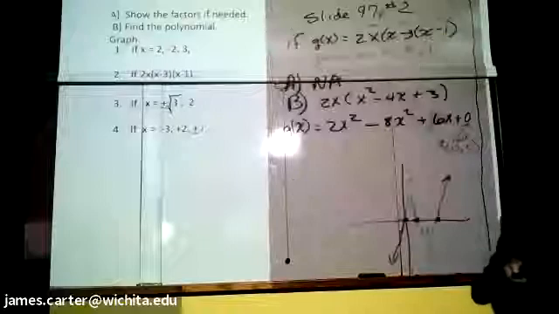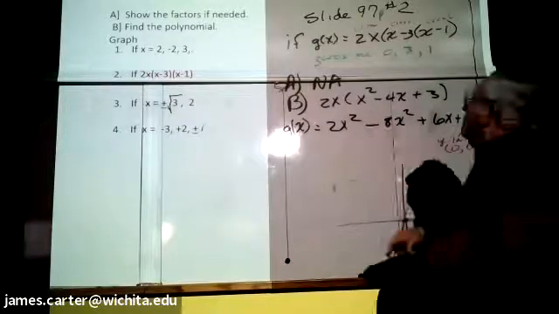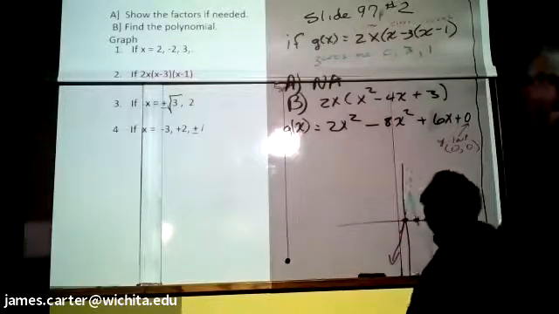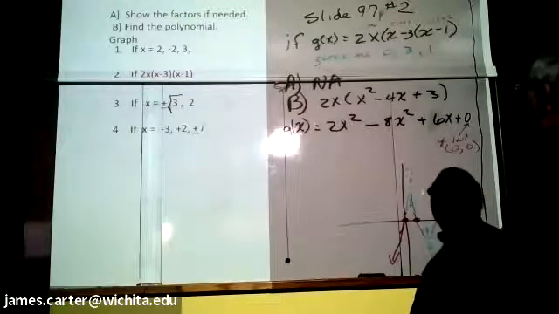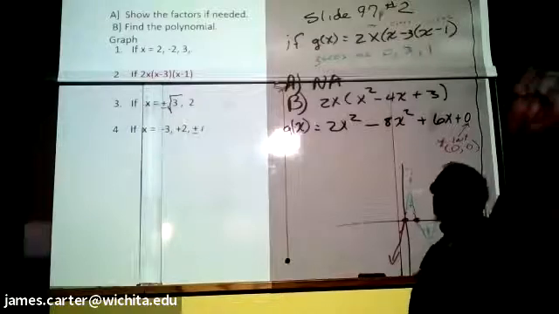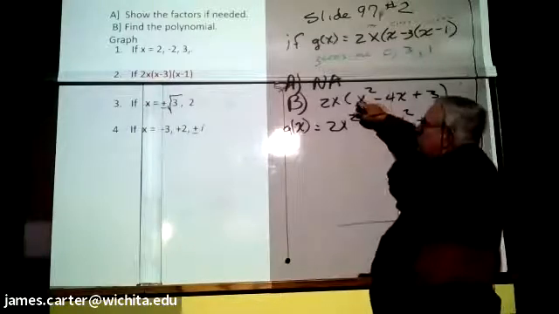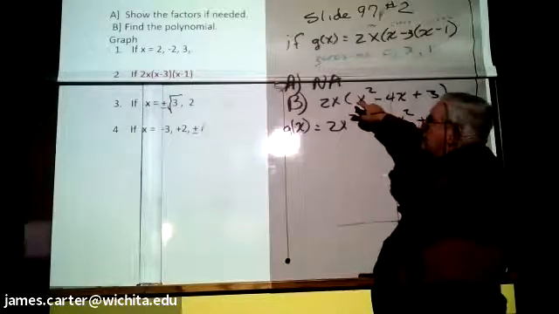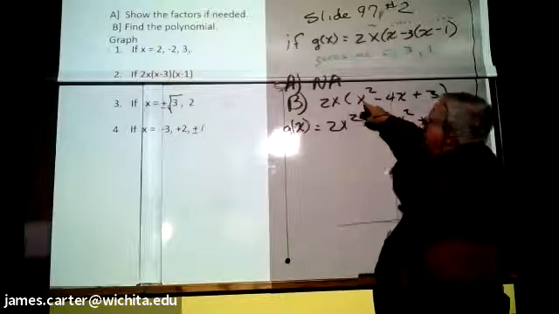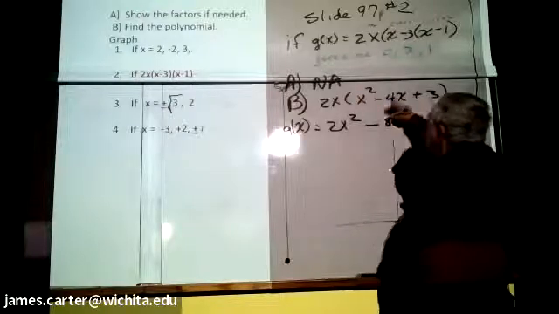Okay, now we're going to do question number 2. In this case, it's already factored for us. For B, you could do some multiplication on this thing. X minus 3 times x minus 1 is this.